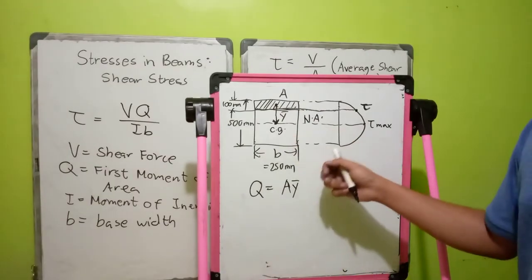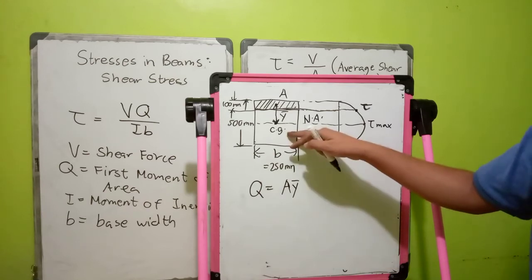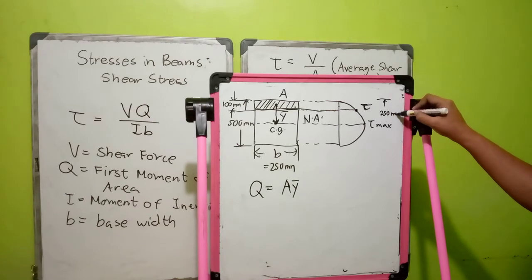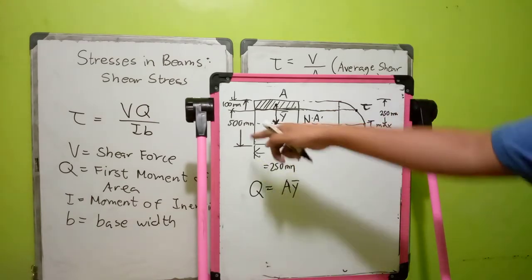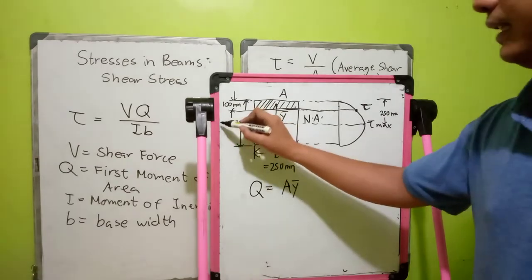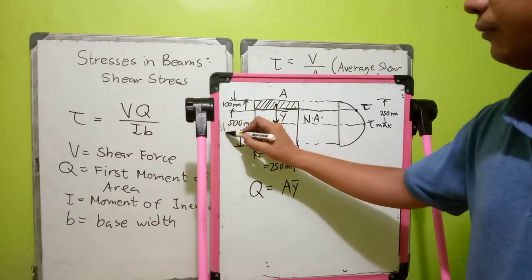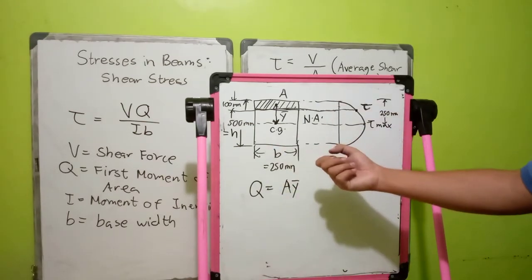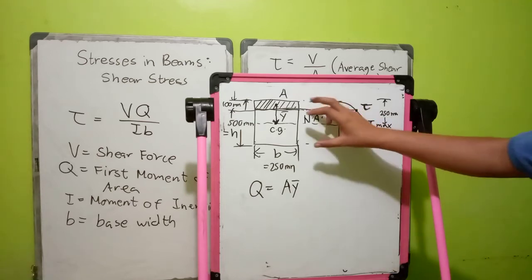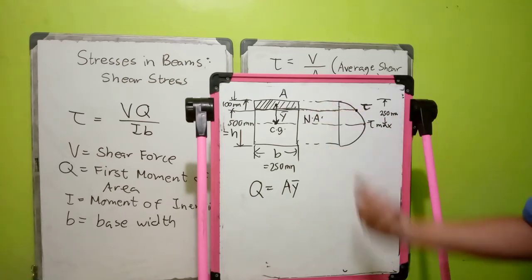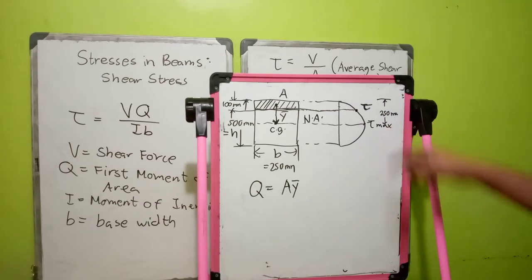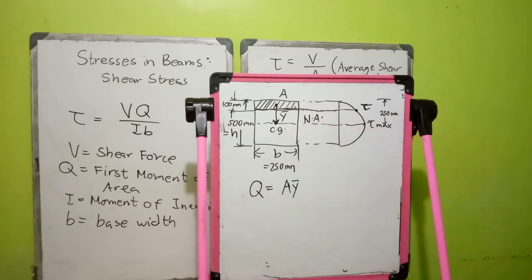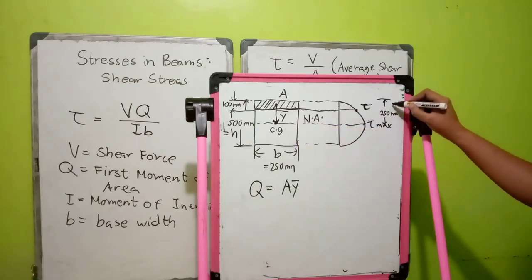Since this is a rectangle, your neutral axis is located 250 mm from the top, or h over 2, since this is the b and this h is equivalent to 500 mm. Since your rectangular beam is a symmetrical shape, the location of your centroid is equivalent to h over 2.